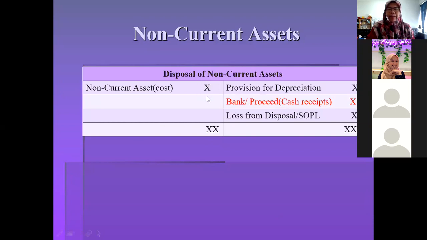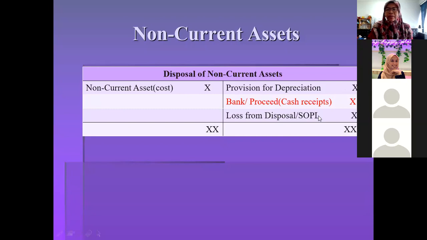So debit disposal, yang amount of cost tadi. And then sepanjang kita guna that non-current asset, how much provision yang kita dah calculate dah tu. So how much provision? So macam mana nak dapat provision for this depreciation, later on. And then here, we get loss from disposal or SOPL.